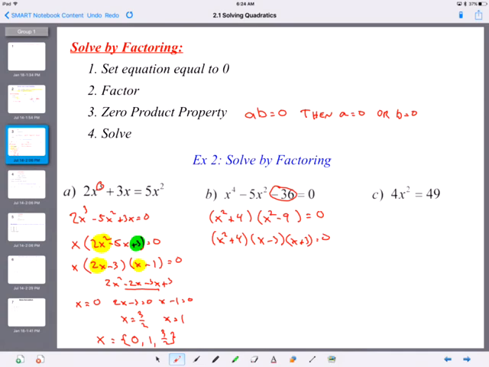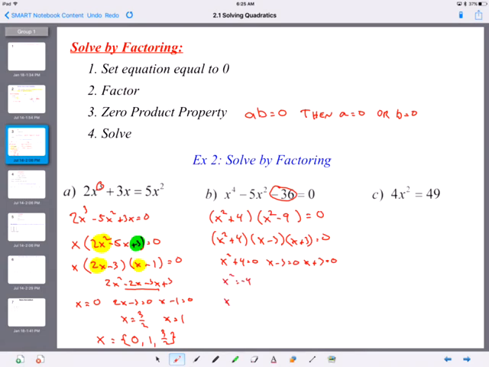And then we can set those factors equal to 0. x squared plus 4 equals 0. x minus 3 equals 0. x plus 3 equals 0. Subtract the 4 to the other side.